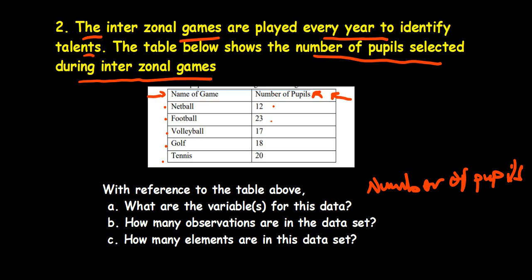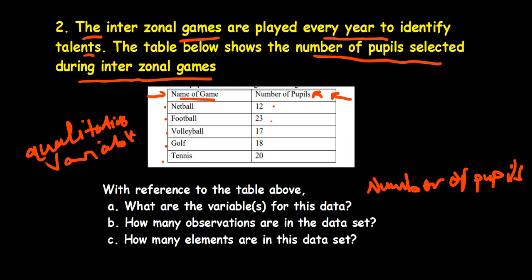What about the name of the game? We can also consider the name of the game as a variable, and it will be a special variable which we refer to as qualitative, because it's just the name. Why? Because it can take different values, different attributes.